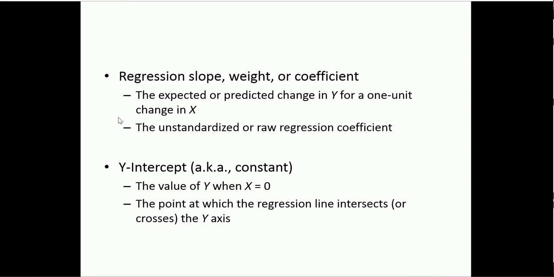So you can interpret these somewhat similarly to a regression coefficient. The sign basically tells you the direction. The quantity of the number tells you the strength, but they are not in standard deviation units, so they're not standardized yet.